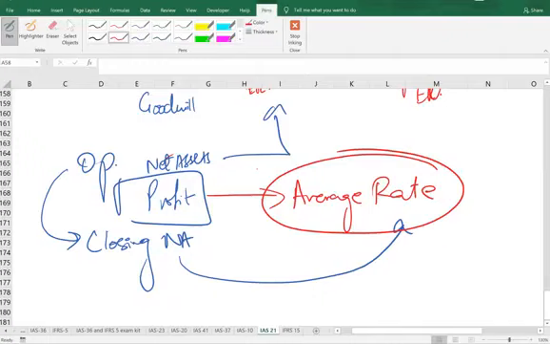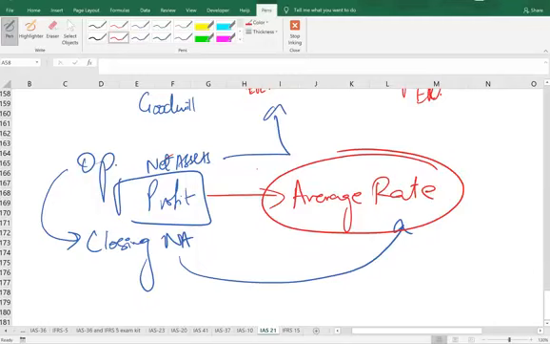Now, is there anything else IAS 21 says about this? Yes. IAS 21 says two things. Number one, all items being taken to the profit and loss statement should be translated at the transaction date.